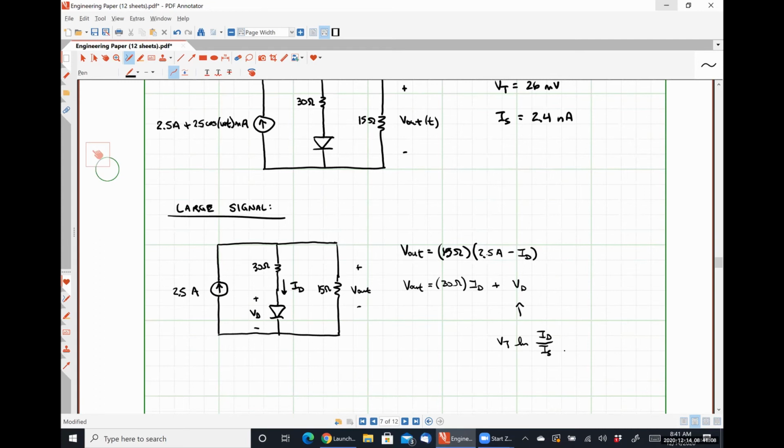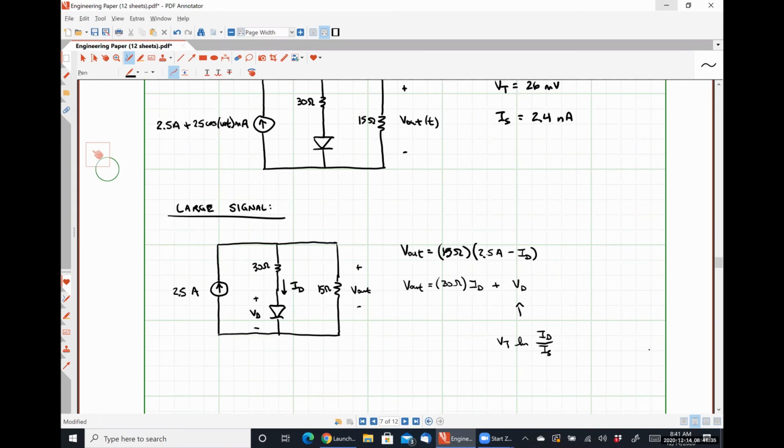This is our other substitution that we can make, so we're using the exponential model explicitly here and rearranging it so that we have two representations of V out with only a single unknown variable, ID, which should allow us to calculate ID. And then once we know that, we can get V out pretty easily, right?